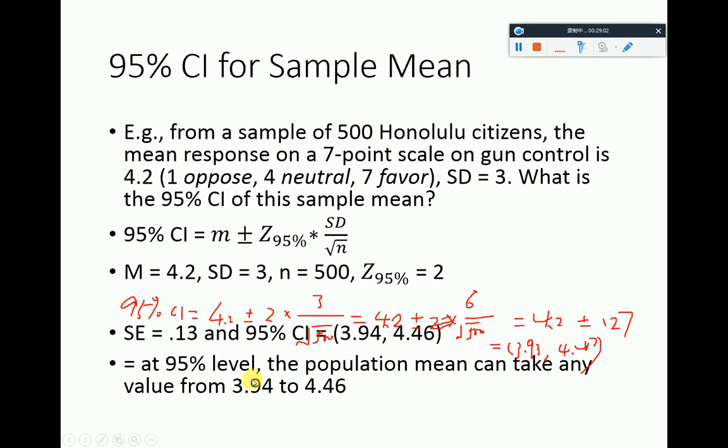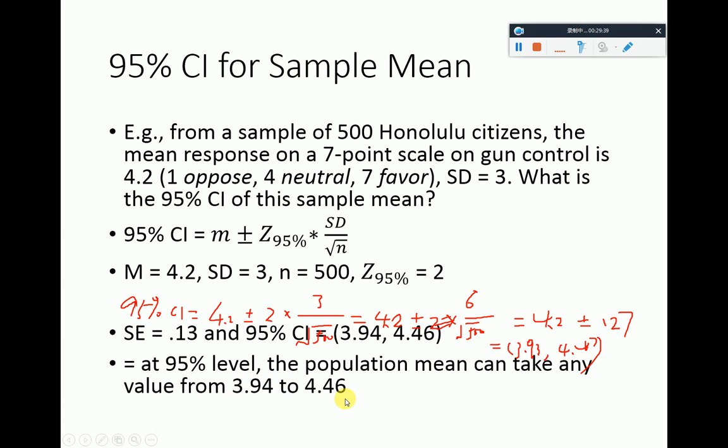So if we draw 100 samples, then 95 out of 100 samples will have mean scores that's bounded by 3.94 to 4.46. Okay, so that's another way to understand the sentence. 95 out of the 100 samples that we draw from the population would have a mean that's bounded by 3.94 to 4.46. Okay?